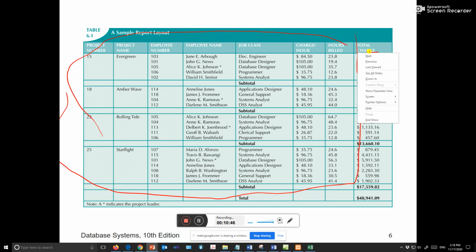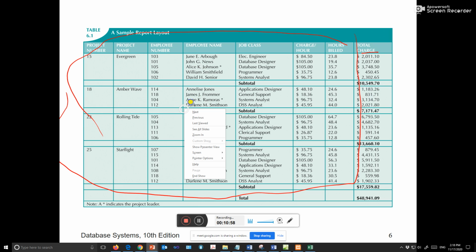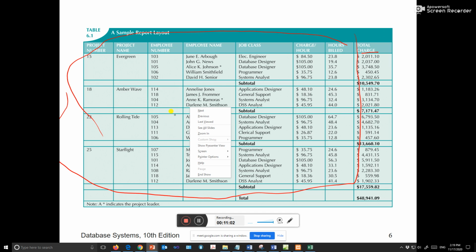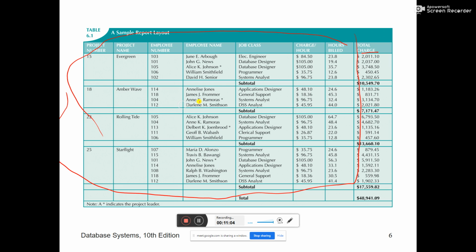Now you can see that there are some employees in this table who are working on more than one project. Like if we see here, this employee, Darlin. Today we got something new, this tab where we can write also.